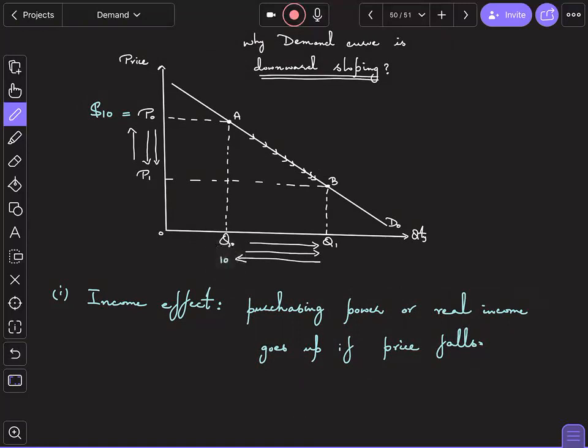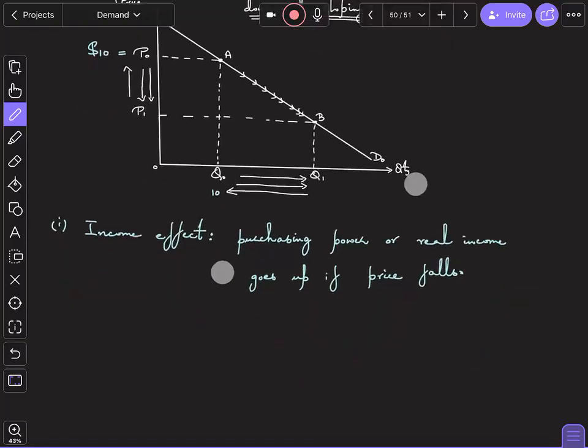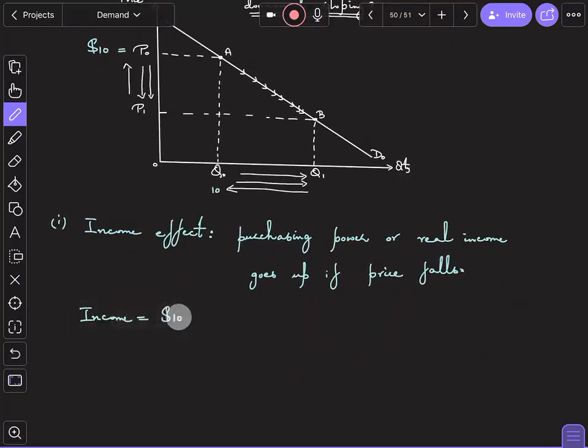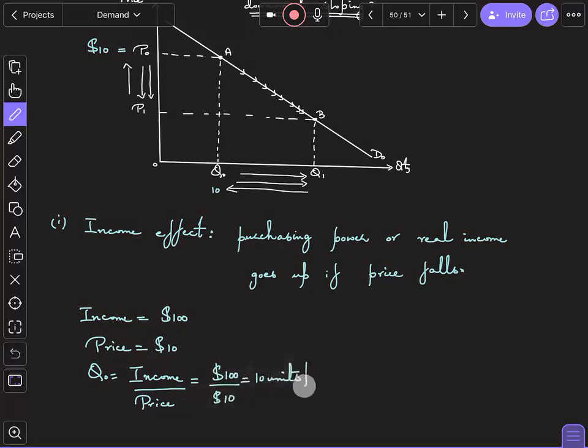You are spending the whole of your income on this good, which means that income was $100 and price was $10, and the quantity q0 was income upon the price. This is your real income measured in terms of goods. So if you spend all of your income, you will buy 10 units of the good, which is our initial demand q0.